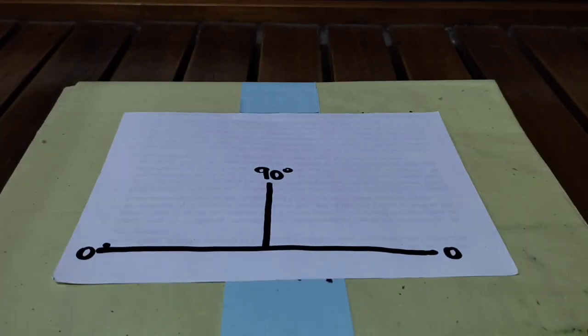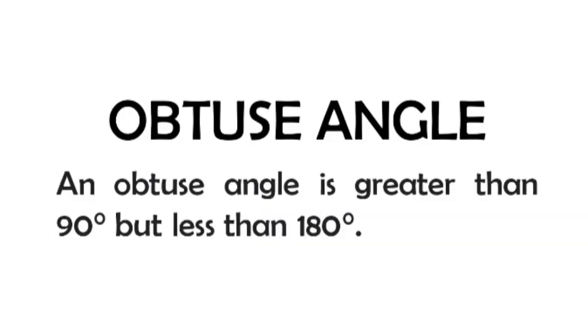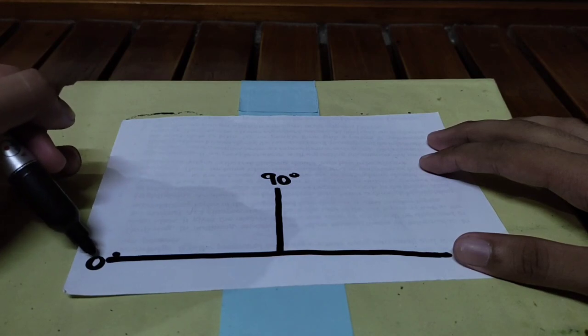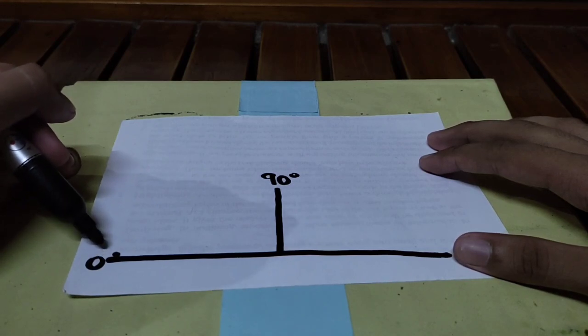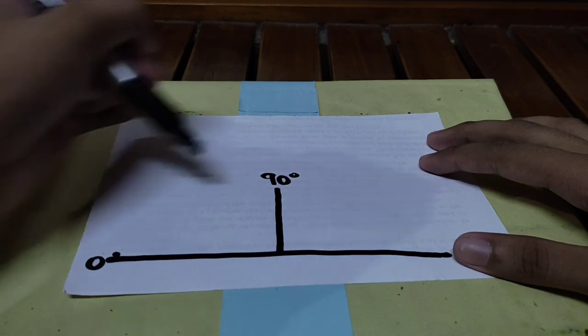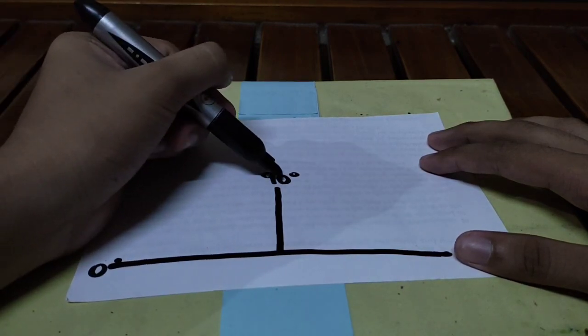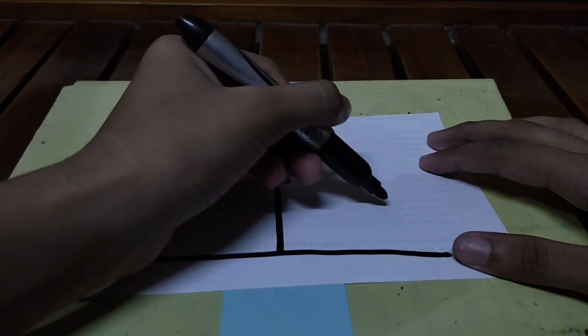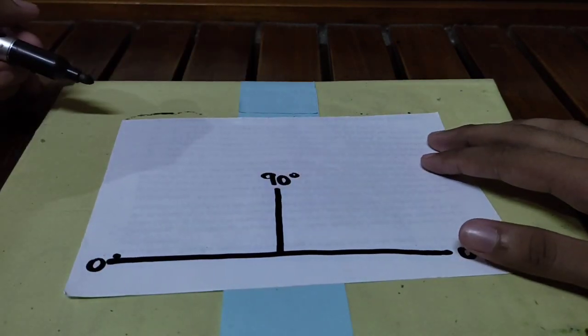And now let us proceed to our third and final kind of angle, which is the obtuse angle. An obtuse angle is an angle which is greater than 90 degrees but less than 180 degrees. Since this is 0, and from here to here we have 90, and 90 above is an obtuse angle.